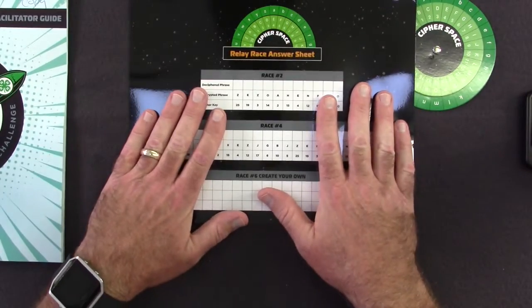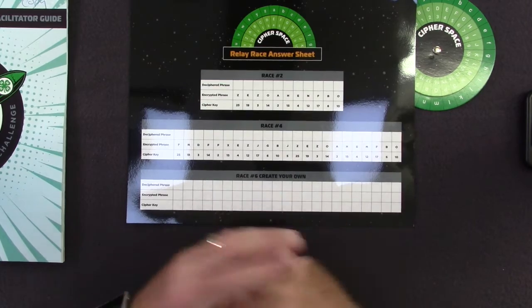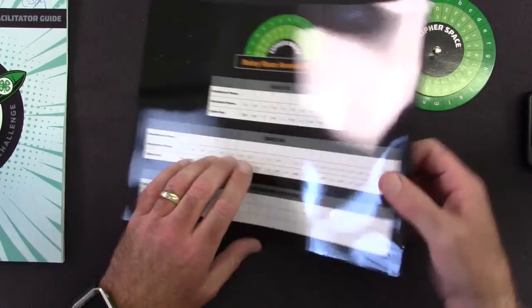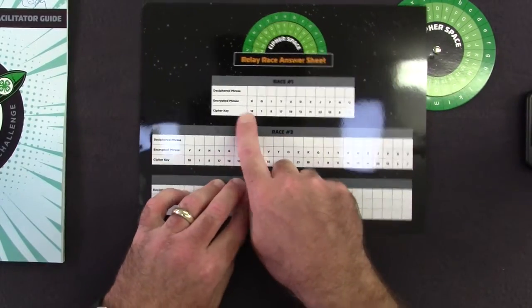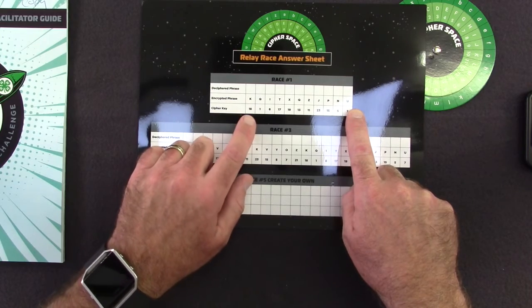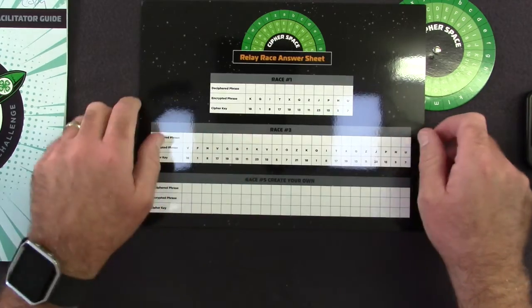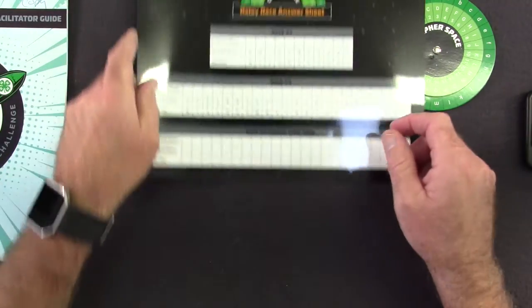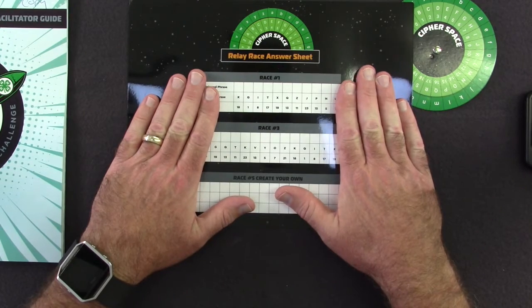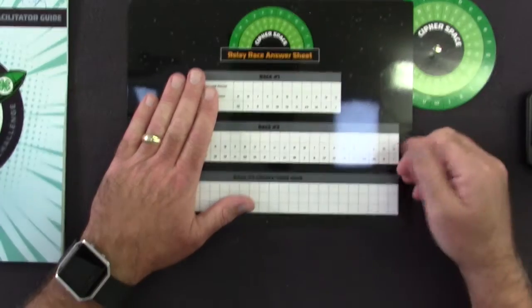These sheets are laminated, so you can use dry erase markers with them, or you can have the youth get a piece of notebook paper, and for each race they just find the encrypted phrase, and then they use the cipher key to get the deciphered phrase. The suggested way of doing this is to have the relay race answer sheet at where they start, at one end of the room.